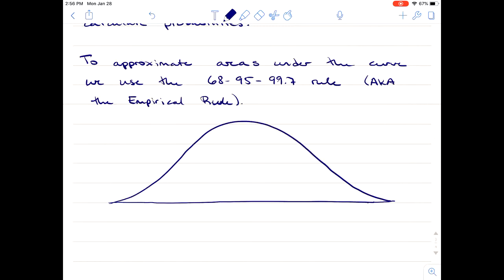So there we go. So we've got a normal distribution. Like I said, whenever you draw a normal distribution, just go ahead and draw the mean on here.